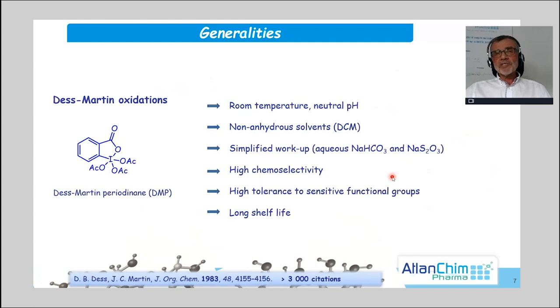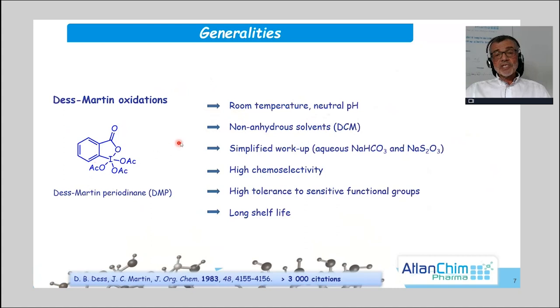In comparison to chromium and DMSO-based oxidants, this periodinane has a number of benefits, such as milder experimental conditions, room temperature, neutral pH, quicker reaction times, greater yields.